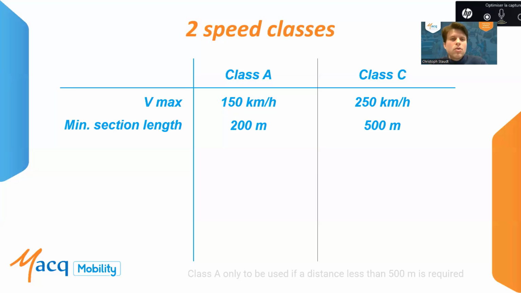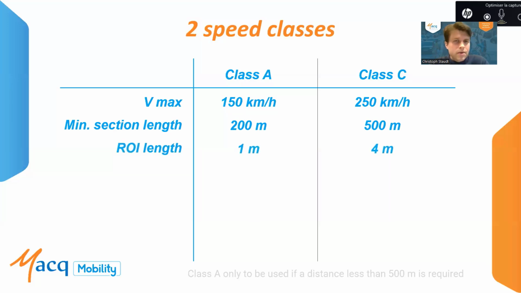Then you can also have this solution installed on trajectories which are 200, 250 meters long. Class C is from 500 meters, which is completely a reasonable length for highways and for such speedings.